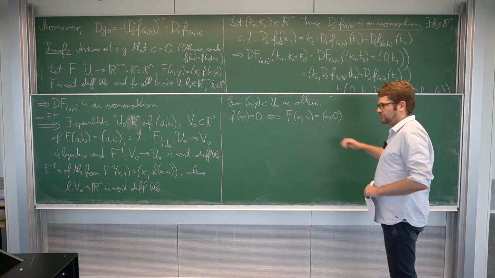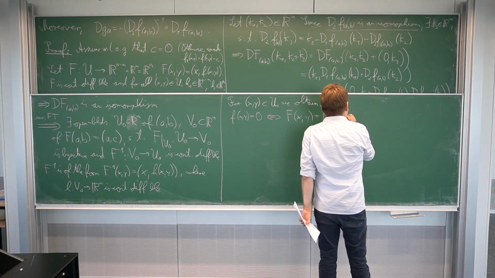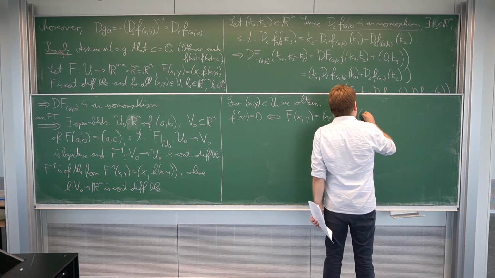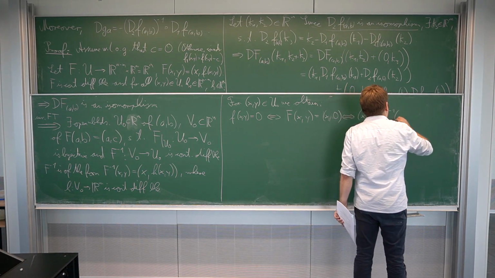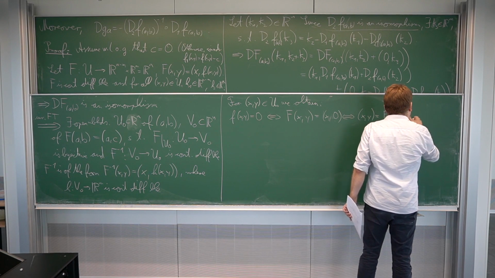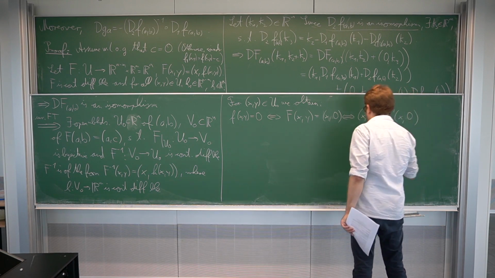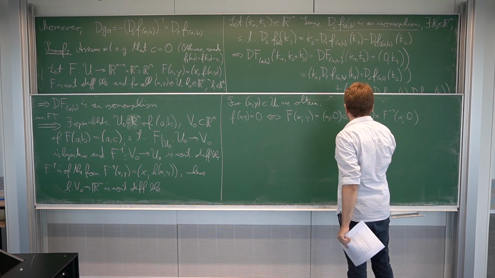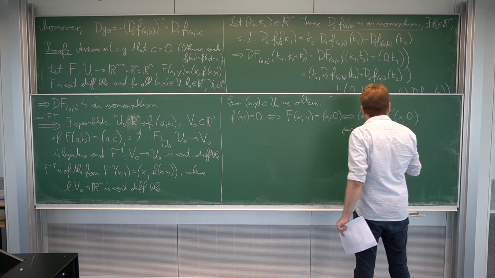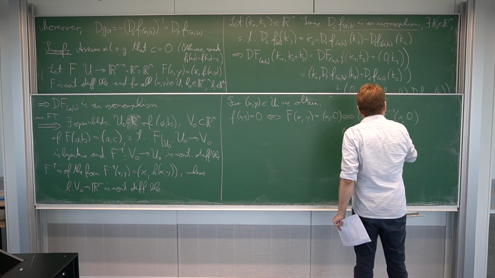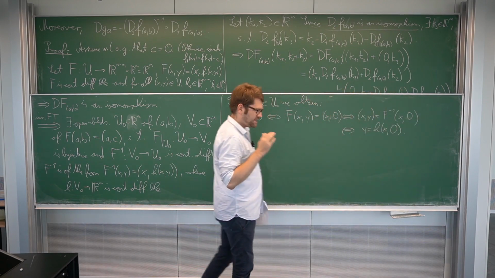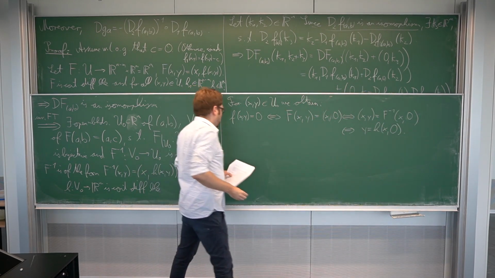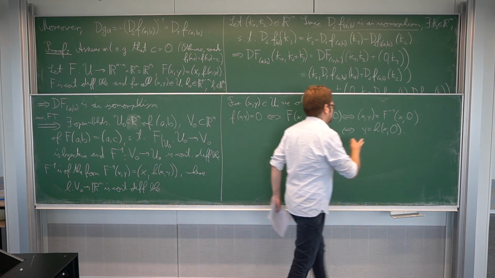Here there's the value of f. Now, of course, we can just apply the inverse here. This means xy is equal to f to the minus 1 of x0. But this holds simply if f to the minus 1 is of this form, if y is equal to h of x0. We don't know this map h, but it has this property. Okay, so this holds if and only if this holds.